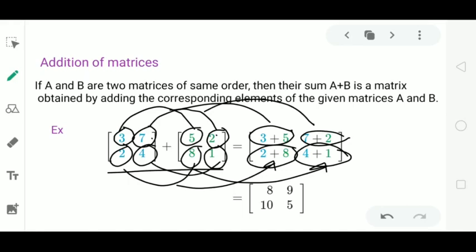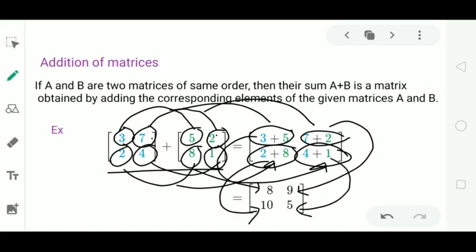On adding these numbers, we get 3 plus 5, which is 8, 7 plus 2, 9, 2 plus 8, 10, 4 plus 1, 5. These are the elements obtained by adding the corresponding elements of the two given matrices.